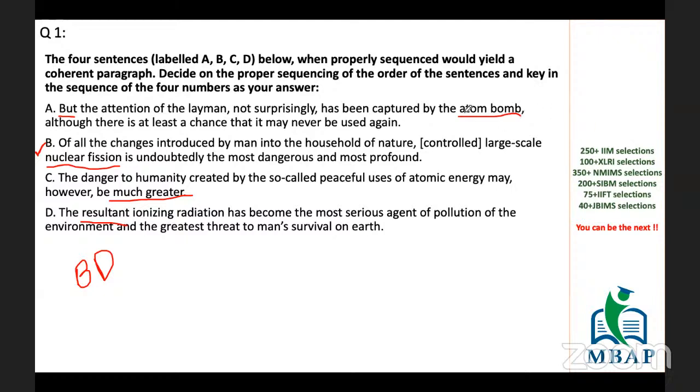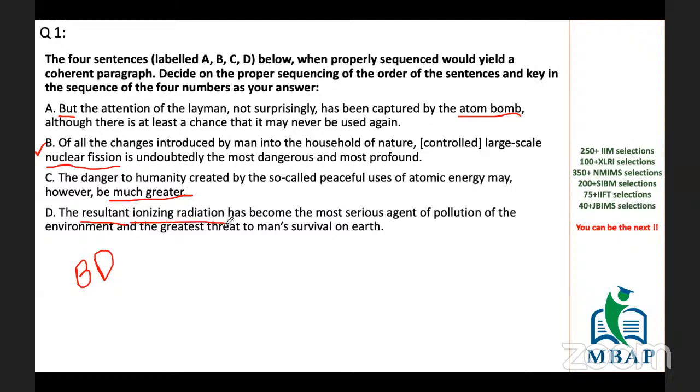Okay, the atom bomb is here, and its contradiction is coming, so I need my information in contradiction to the atom bomb. Okay, where can I see that, apart from the atom bomb, there is anything else given? It is there. D: agents of pollution of the environment and greatest threat to men's survival on Earth, that is ionizing radiation.